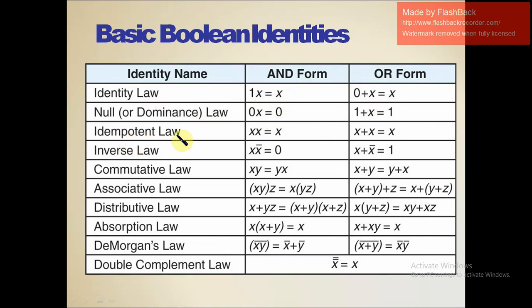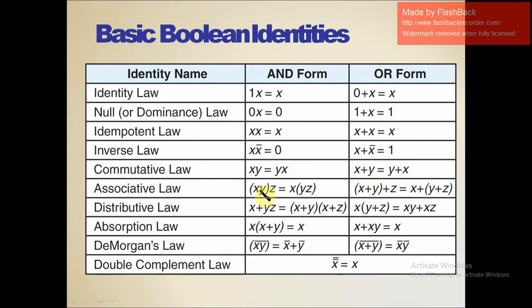The idempotent law: x times x is x, x plus x is x. Inverse law: x into x bar is obviously 0, but x plus x bar is 1. Commutative law: xy equals yx, and in OR form, x plus y equals y plus x.